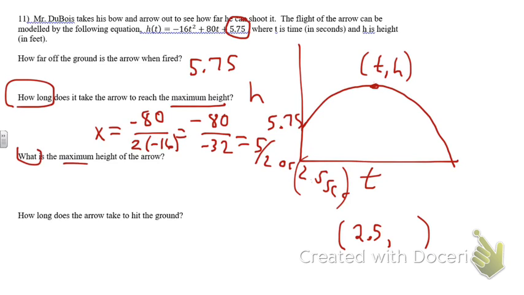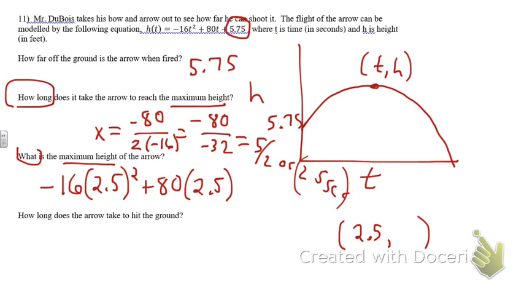What is the maximum height? So if I know when the maximum occurs, I can plug in that time to find the height. So the vertex always is going to tell you two different answers. You have to read the problem to make sure. I'm going to go ahead and plug that in my calculator. You do the same.